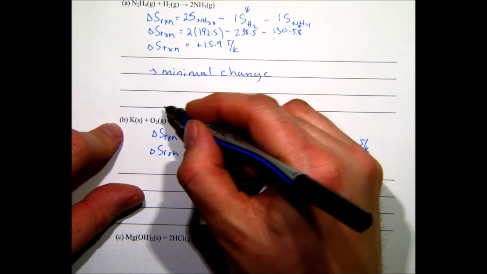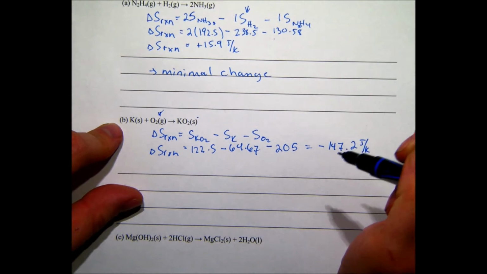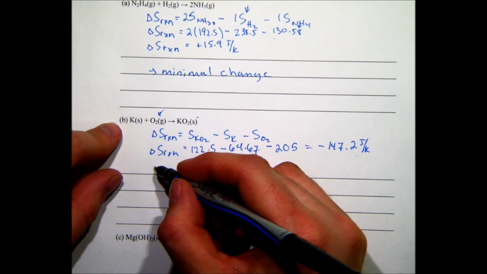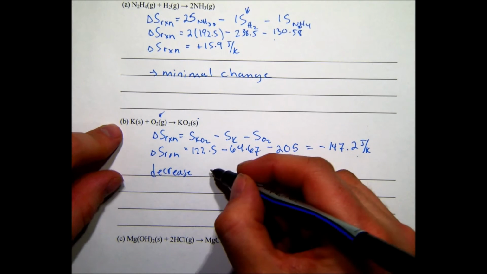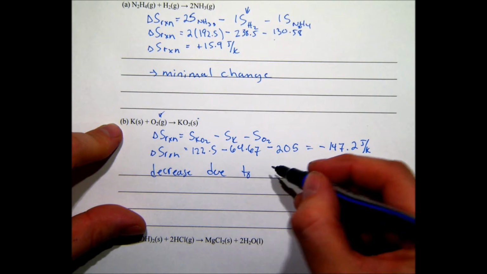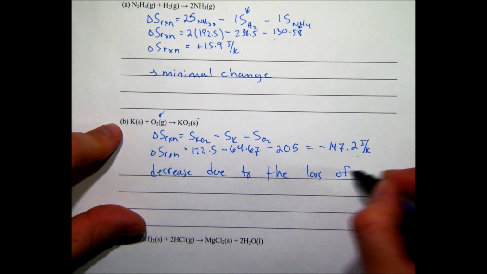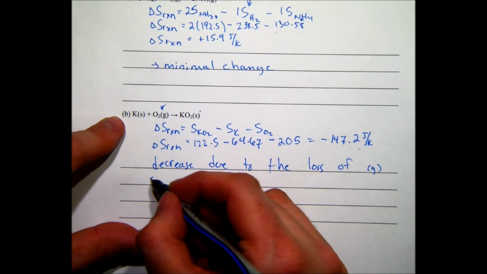We have a mole of gas on the reactant side and just solid on the right side. That is a definite decrease in entropy, and that's what our calculation reflects. A decrease due to the loss of gas state.